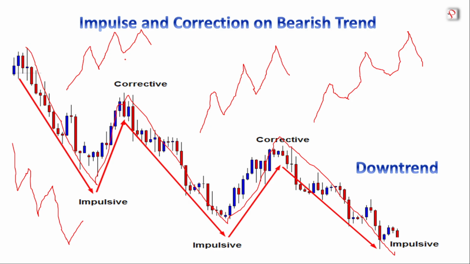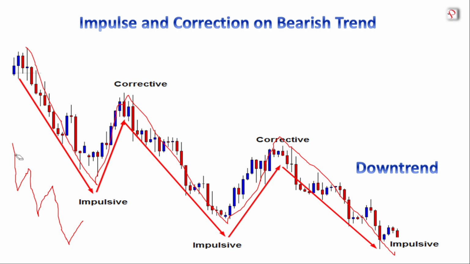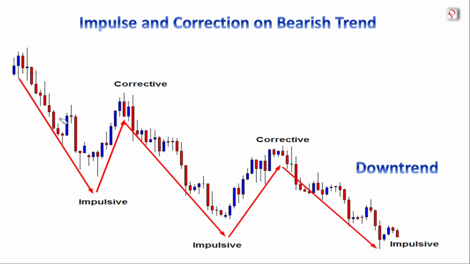Now, the reason why this is very important as a trader is because it will help you to understand market patterns. Most persons don't really understand how the forex market moves, and that is why they always complain of significant losses.